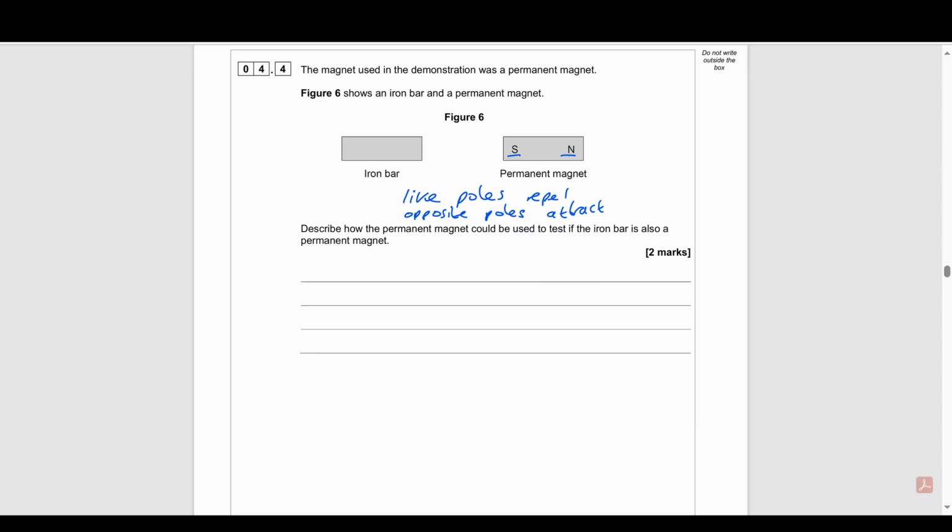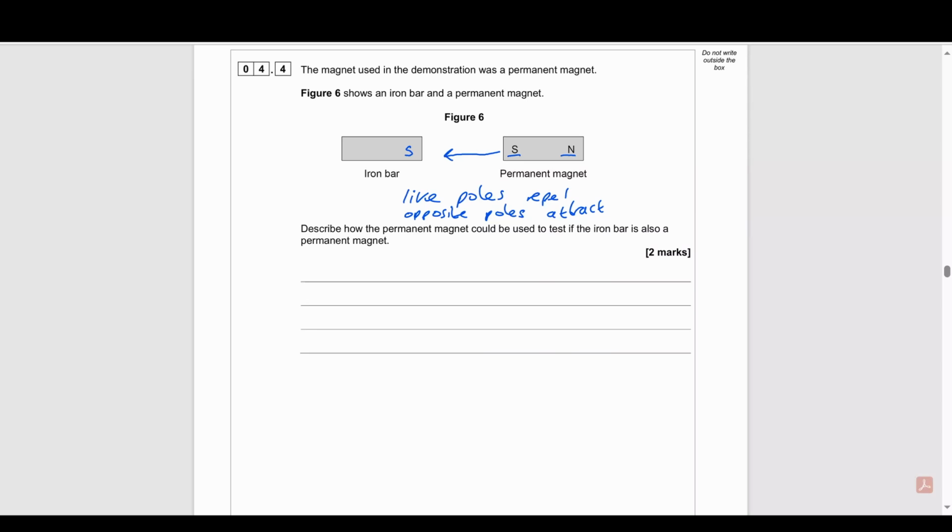So, with that information then, what could we do? We could take our permanent magnet and move it closer to the iron bar. Now, if it was a permanent magnet, then it would have its own north pole and south pole. What should we expect if we bring the permanent magnet closer and the iron bar actually did behave like a permanent magnet, with its south pole facing the permanent magnet's south pole?